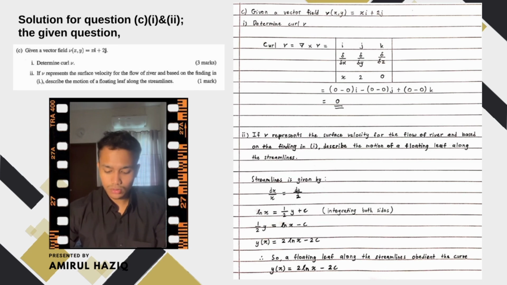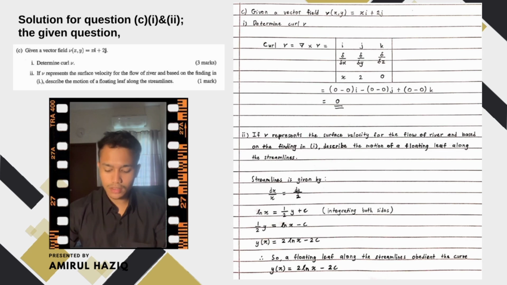For question C2, if V represents the surface velocity for the flow of a river, and based on the finding in C1, describe the motion of a floating leaf along the streamlines. The streamlines are given by dx over x equals dy over 2.